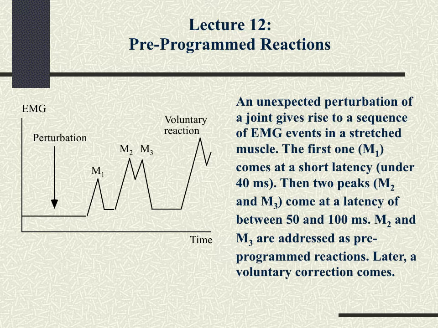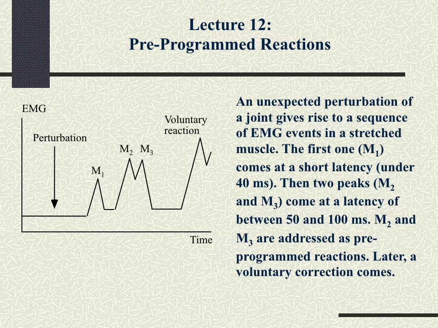Then the subject is instructed to return to a starting position as fast as possible in case they feel a disruption or a perturbation, which of course they do feel, and the EMG is measured.